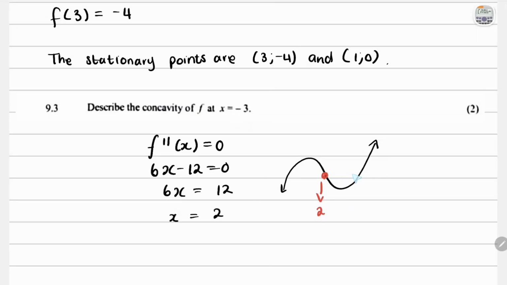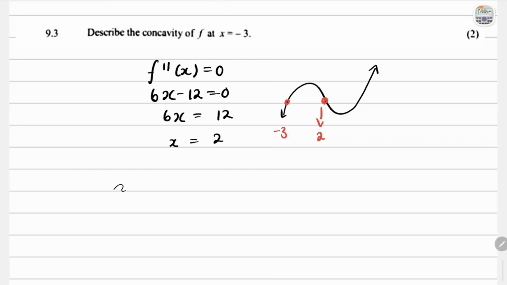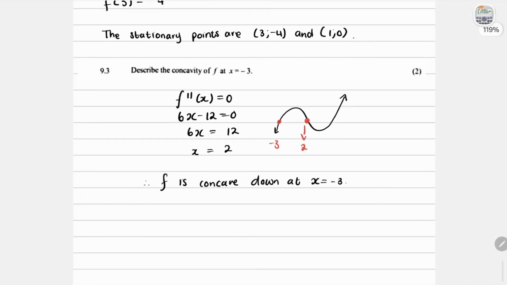Would it be on the right or on the left? It would be on the left. So negative 3 is maybe somewhere that side. Do you see that the graph is concave down on that part? So we can tell them that the graph f will be concave down at x equals negative 3. Okay, so that is the answer there.